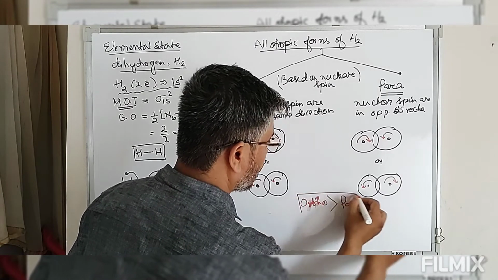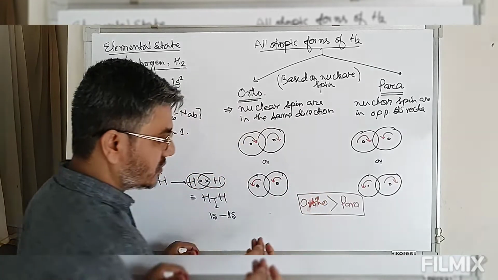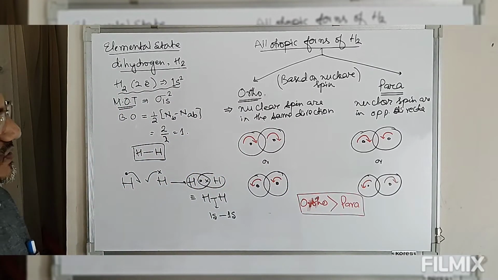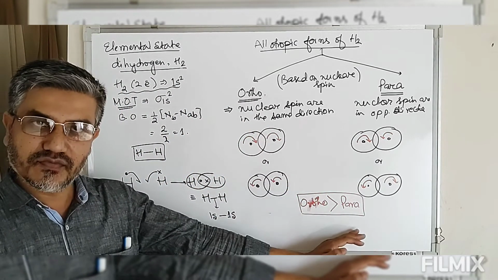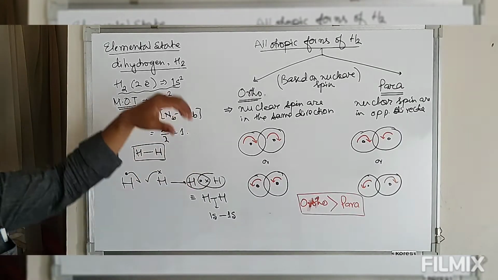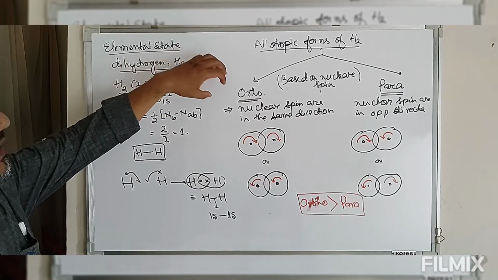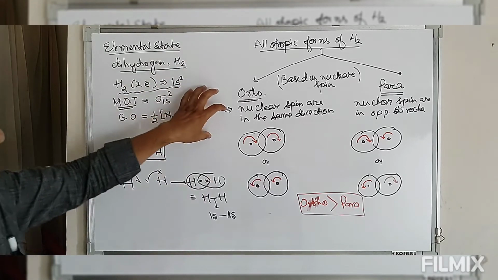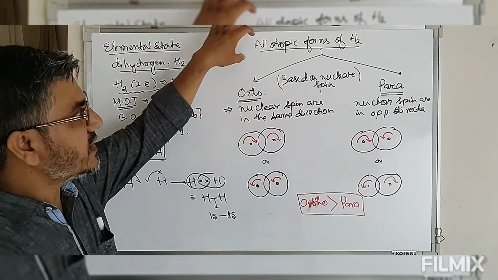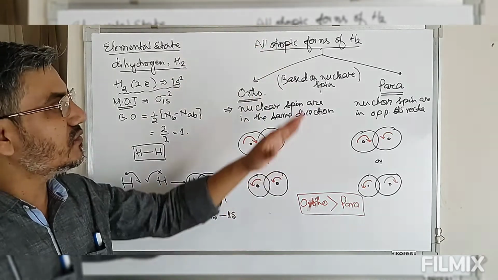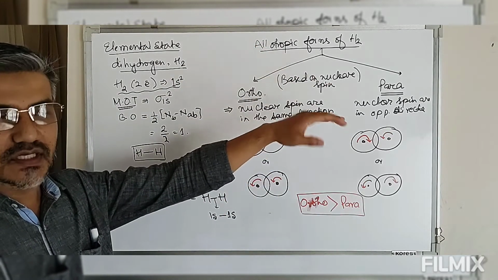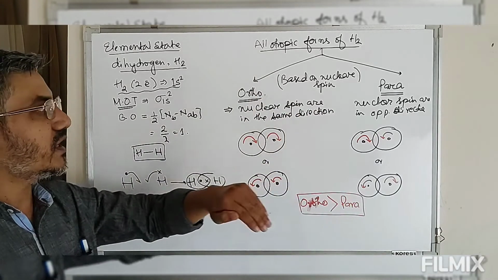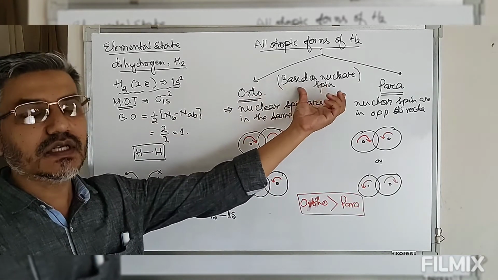So at room temperature, molecular hydrogen exists mostly in the ortho form, then in the form of para. This is how elemental hydrogen, that is dihydrogen, exists in nature. We have the ortho form and the para form. So these allotropes are two different forms of molecular hydrogen, and these different forms are based on the nuclear spin.